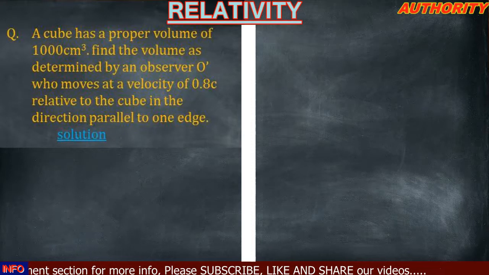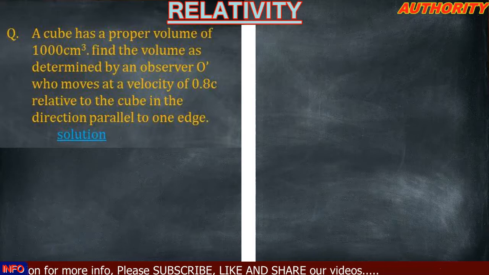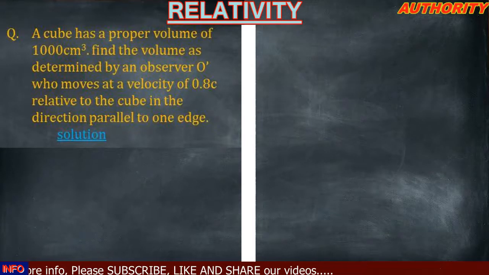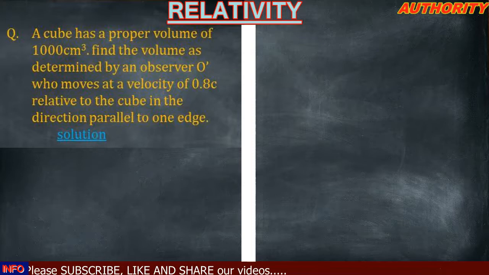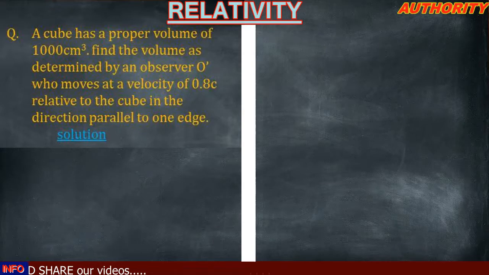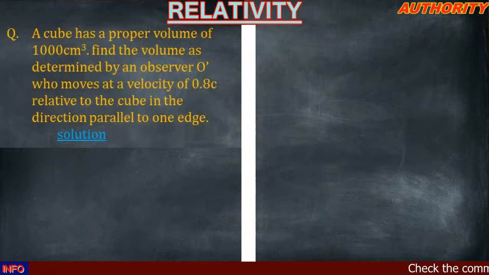Okay, now solution. We say the observer measures an edge of the cube parallel to the direction of motion to have the contracted length. So that is to say, this cube is in 3 dimensions, and one of the edges is the edge that has a contraction. So all the edges are the same. Here we have in 3 dimensions the edge in x-axis, the edge in y-axis, the edge in z-axis.